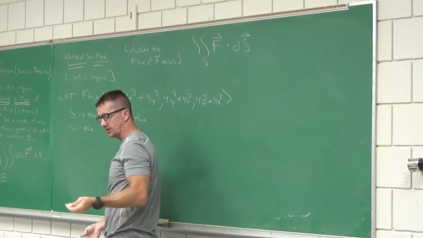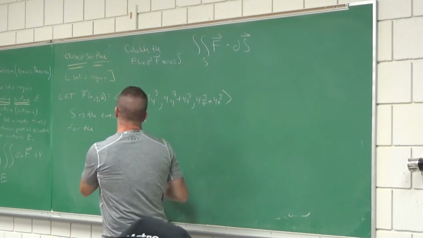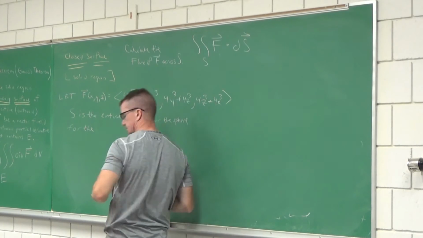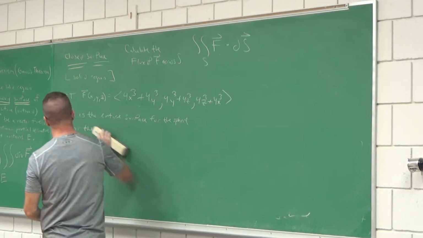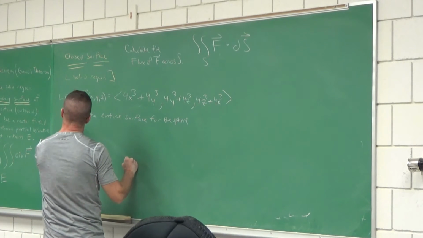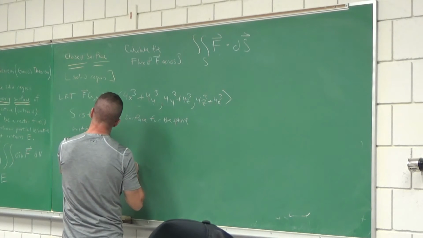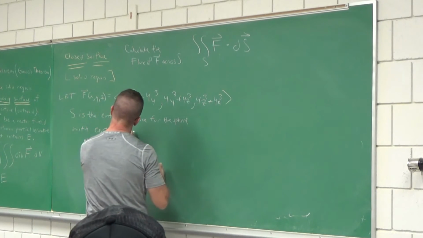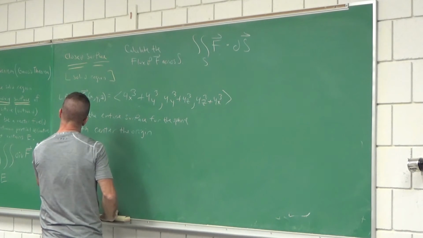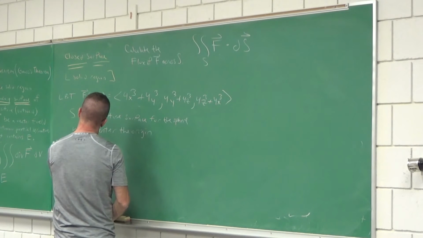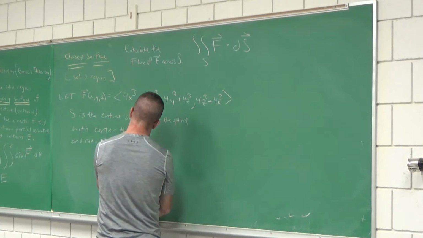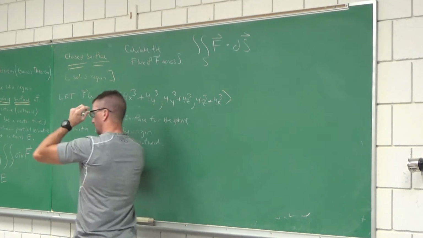I only have to put the word boundary here because it's a sphere. For the sphere, with the center being the origin, and radius 2. Oriented outward. All right.